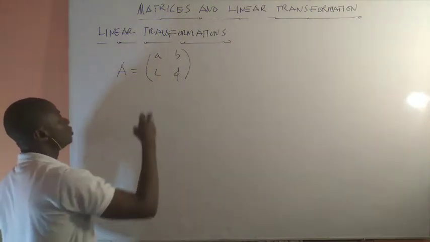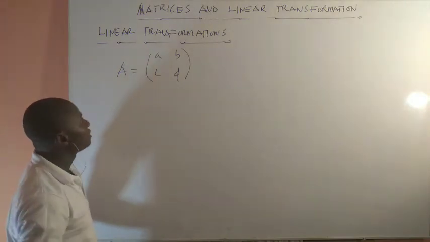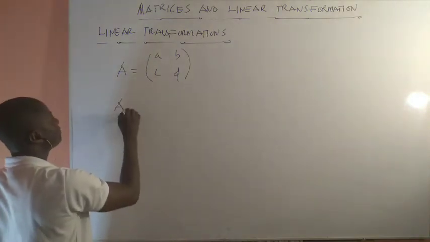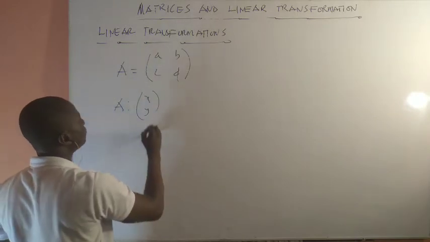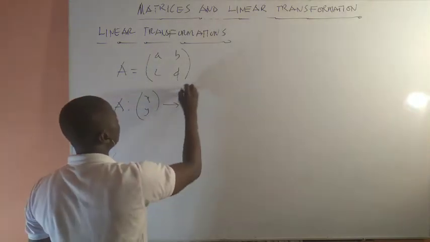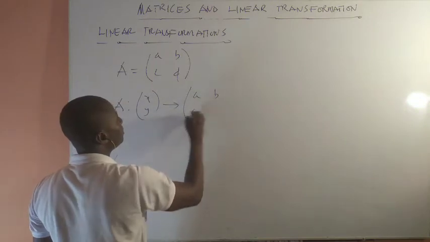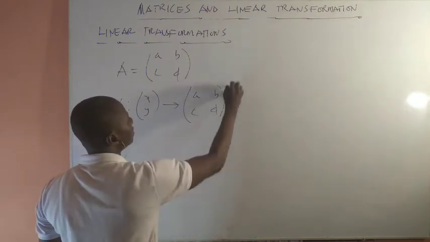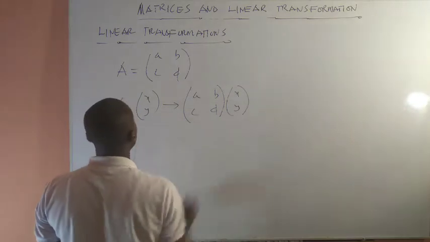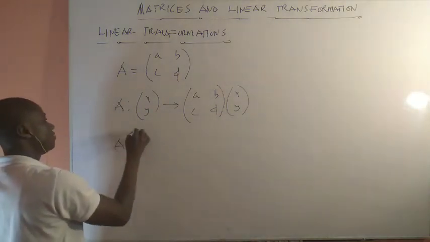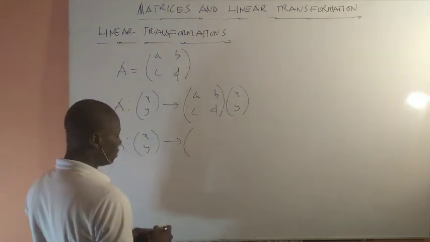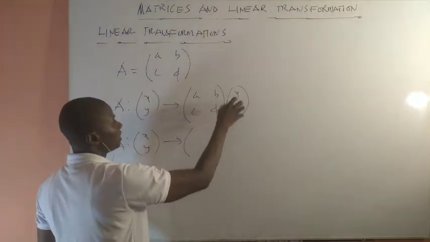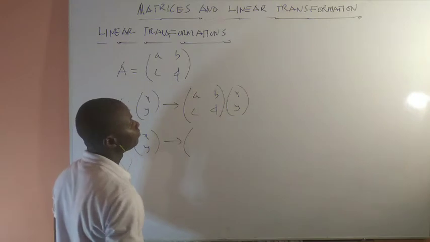Now, to deduce your linear transformation from this matrix, we say that A of xy maps to A, B, C, D of xy. Now we have A of xy mapping to, this is a 2 by 2, and this is now a column matrix.